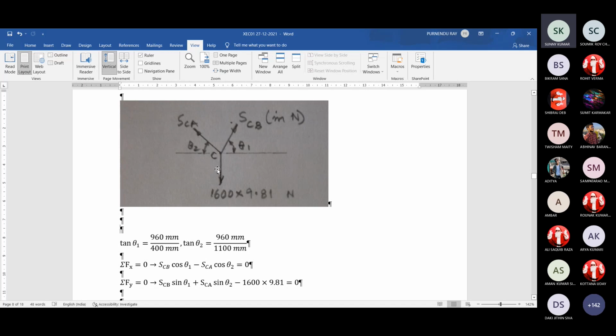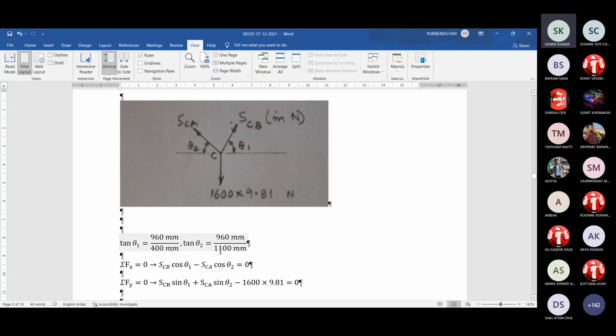So at the very beginning we make some mistake, and that mistake propagates. It is not very comfortable for us. Now find out the angle theta 1 from its tangent, 960 by 400, and tan theta 2. So we can find out sine theta 1, cos theta 1 and sine theta 2, cos theta 2.